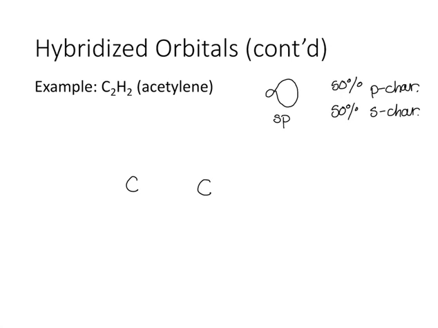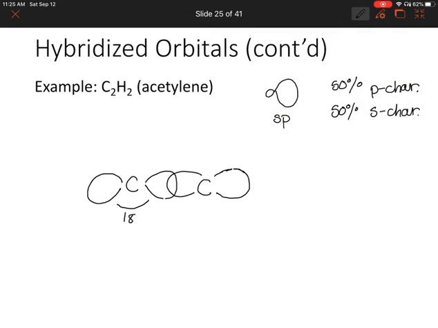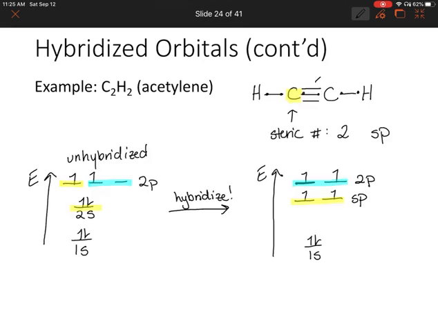So they're going to try to get as far apart as possible, which means they'll have a bond angle of 180 degrees. Oops, I drew that in the wrong place. There we go. And that makes sense, right? If we look back at our Lewis structure, we have a 180 degree angle between bonds.